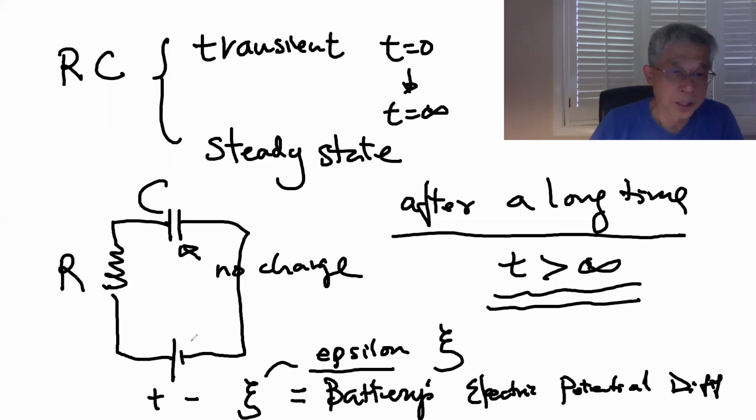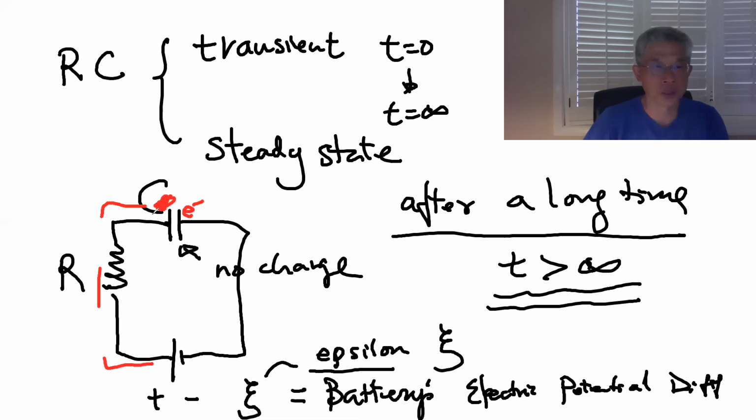So when this is first connected, there's no charge. Then the electrons will start moving. The electron will be going from here; the electron is initially inside the atom. So you move it and put one electron there.